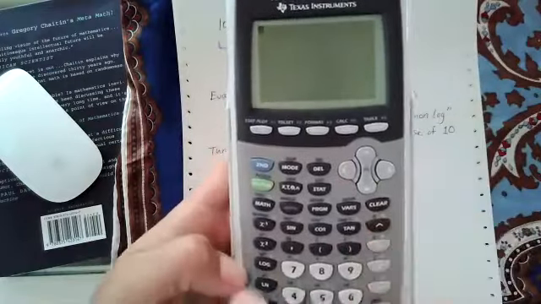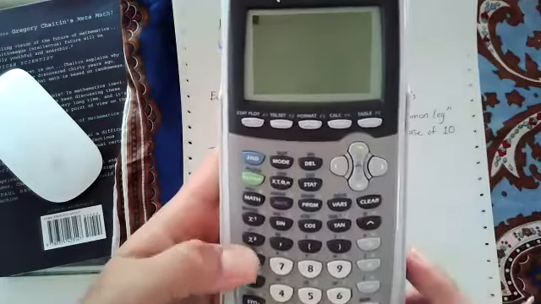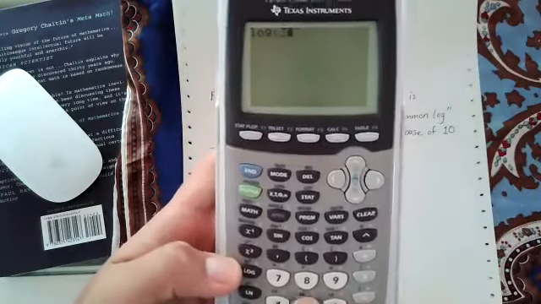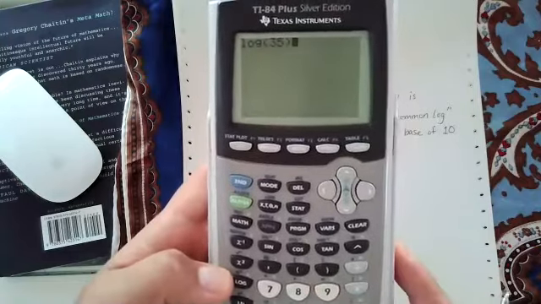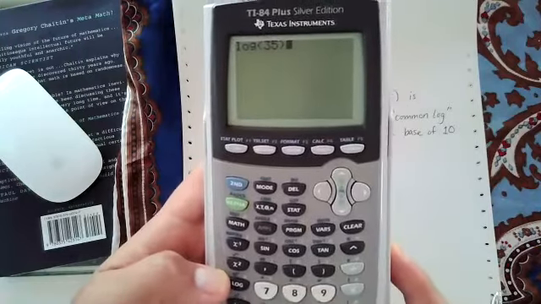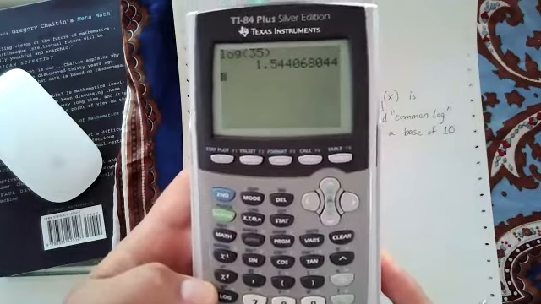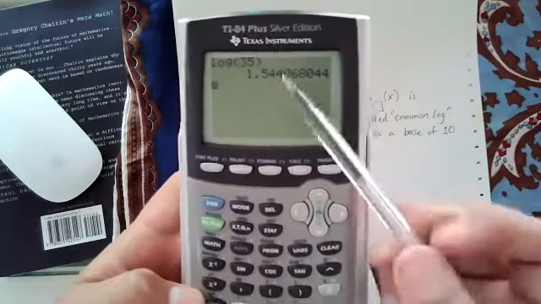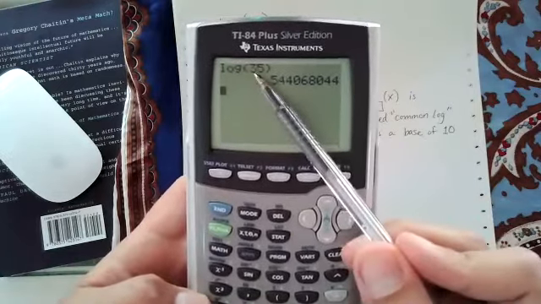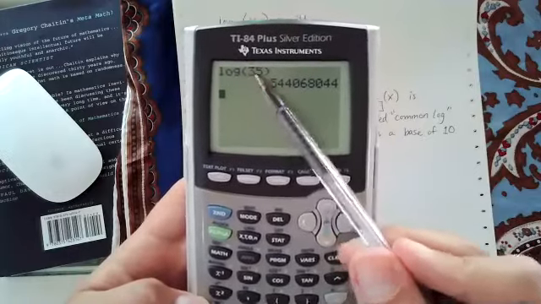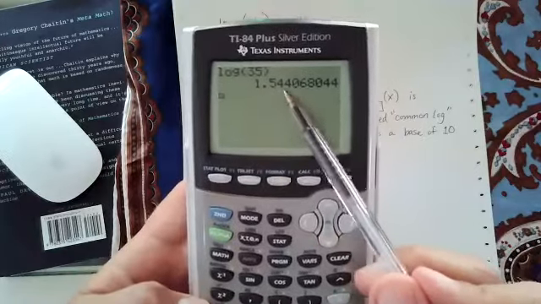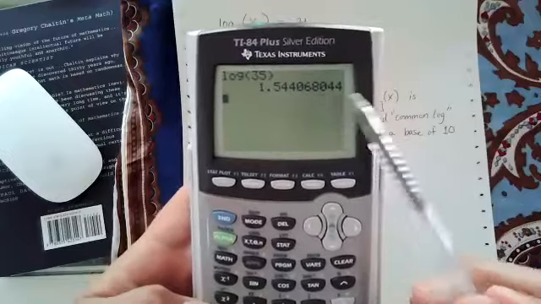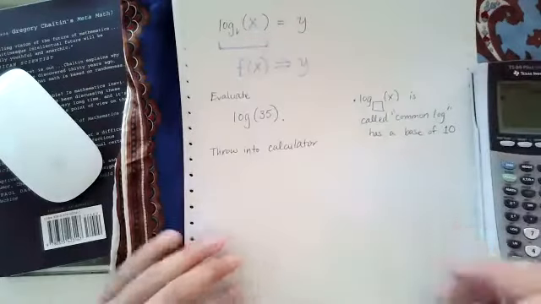If I did that, there's a button here that says log. And if I throw 35 as my argument into the log, the calculator will simply spit out a number. So somehow log of 35, or log base 10 of 35, is 1.5440680. Again, lots of decimals there.